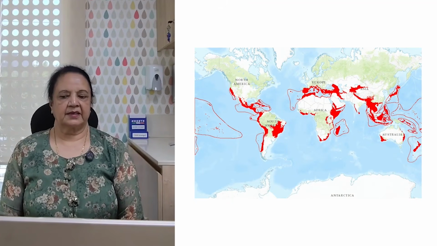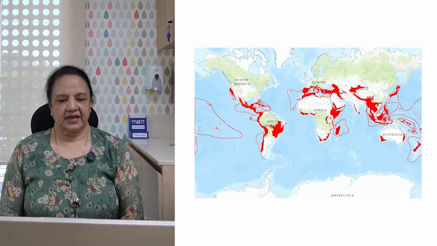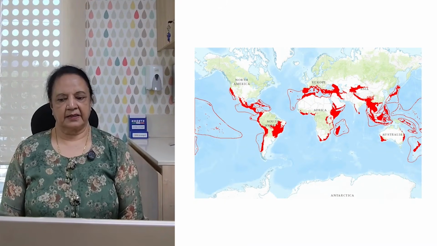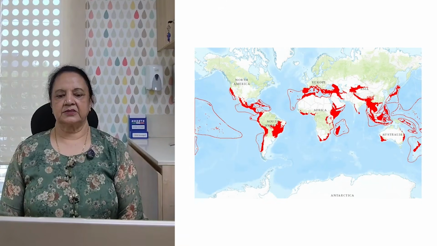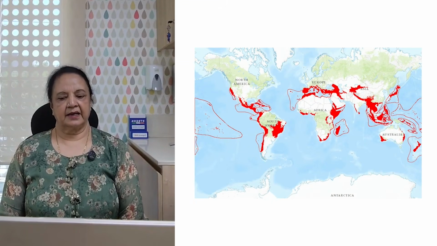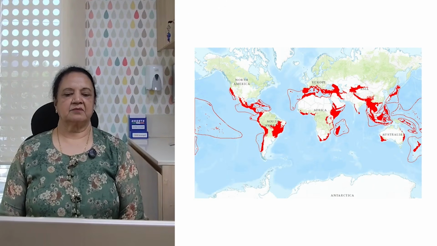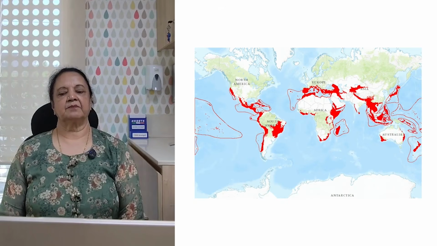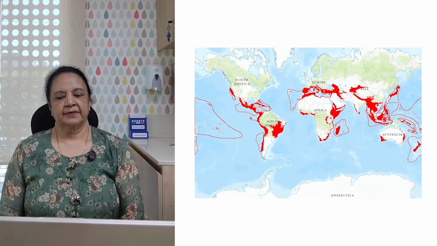Why are they important? They represent areas of high biological value and conservation priority. By focusing conservation efforts on these hotspots, which cover a small percentage of the Earth's land area, we can protect a disproportionately large number of species, over 40% of plants and vertebrate species.